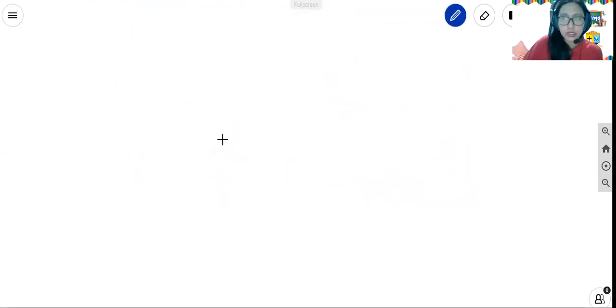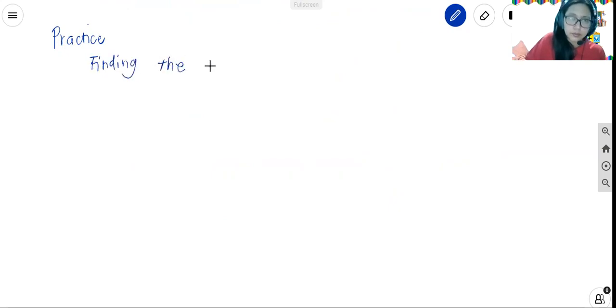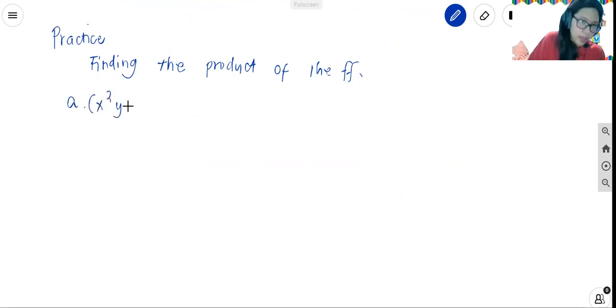Do it on your own. Practice by finding the product of the following. Okay, let's have (x squared y minus z) times (x to the fourth y squared plus x squared y z plus z squared).